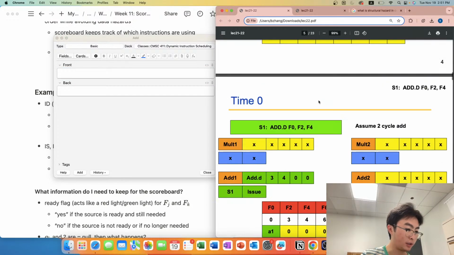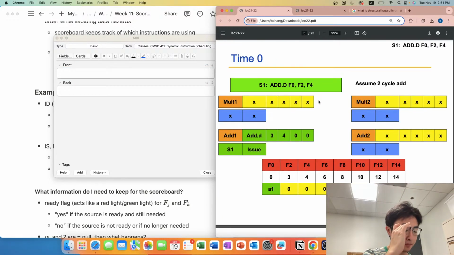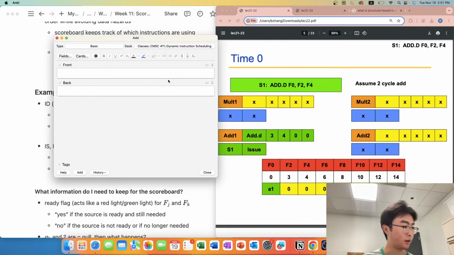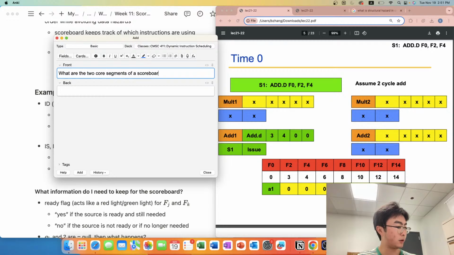Okay, so maybe it would be nice to have a flashcard to describe the 2 segments of the scoreboard. First is understanding what operations are going through each functional unit, and the second is understanding, I think, what's stored in the register.